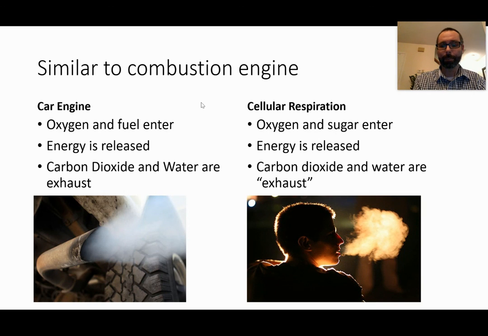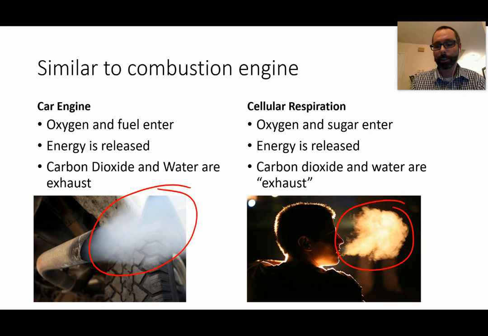But in both of these pictures, you can see the exhaust because it's cold out. When it gets cold out, suddenly you can see the water coming out. You can't see the carbon dioxide coming out, but it's definitely there. So this is an easy way to remember what cellular respiration is all about. It's about burning, but burning things very slowly using electrons in a multi-step process.